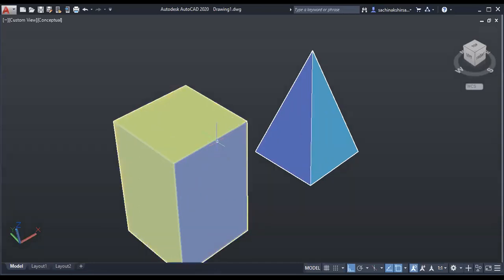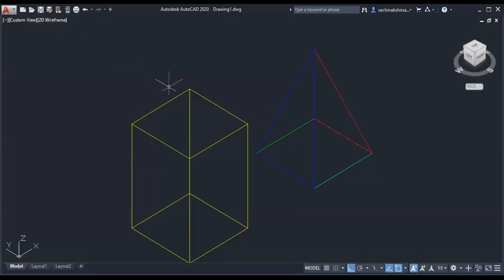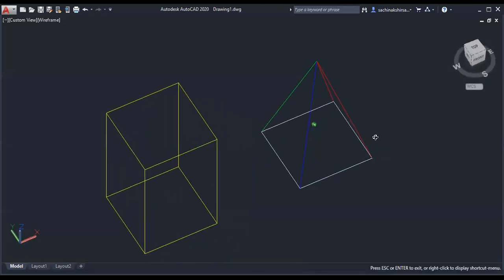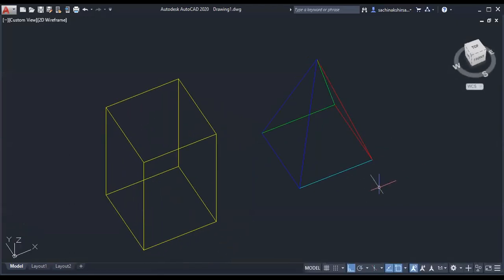This will be one edge. This particular edge. Are you observing my cursor? Now you tell me how many edges a square prism is having. 12.